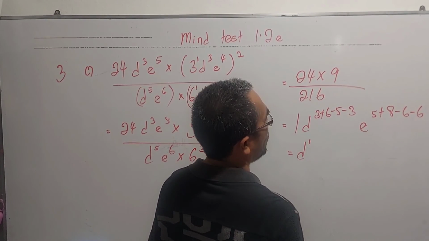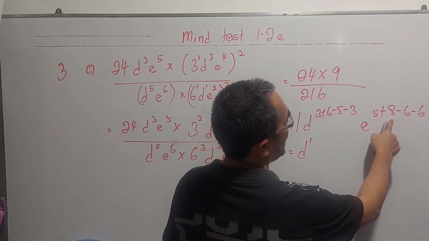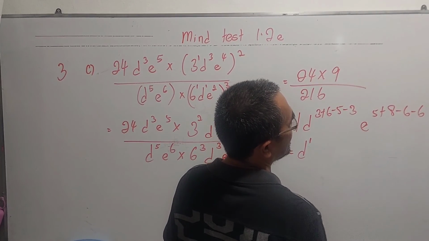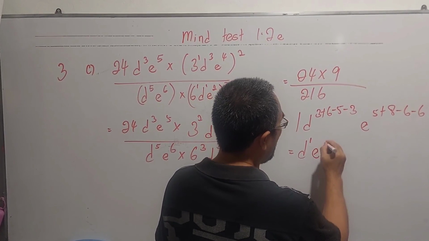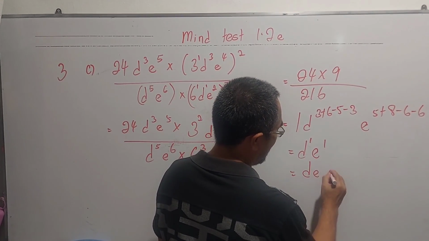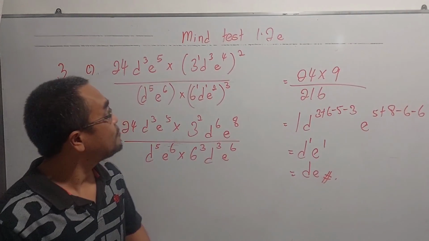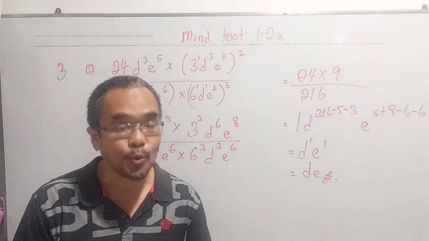So D power 1. E will be 5 plus 8, 13 minus 6, minus E also 1. So you write down DE. Okay, that's all the exercise from mind test 1.2e.